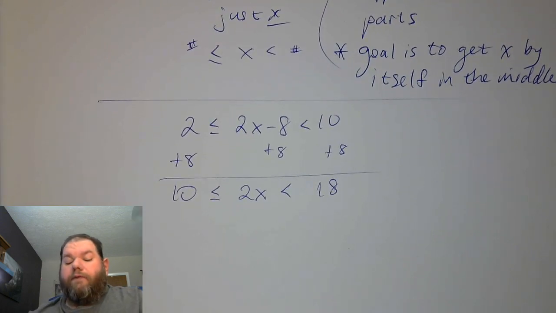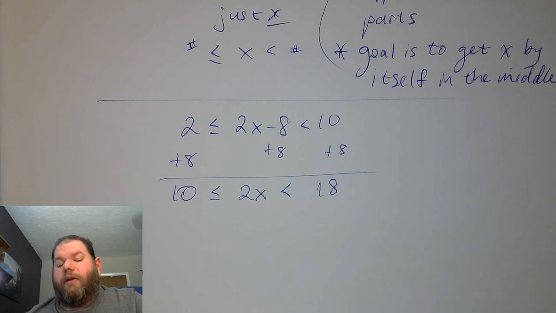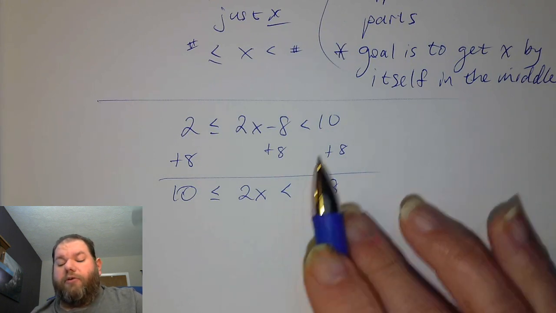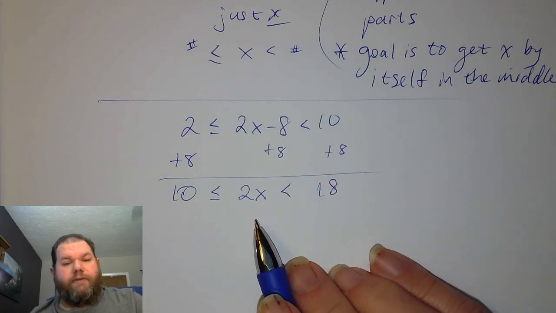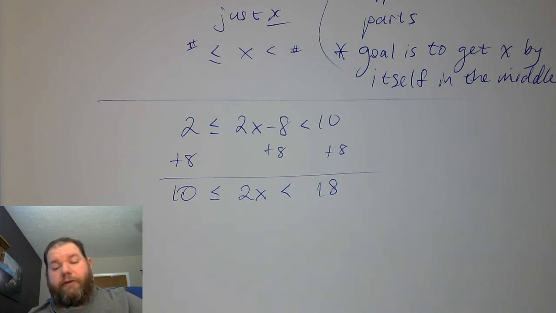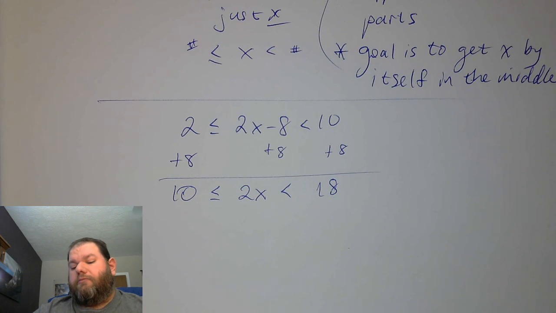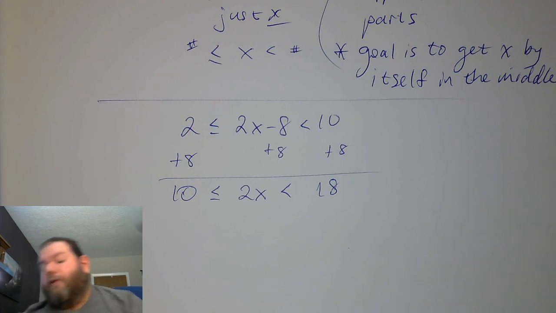So now we have 10 is less than or equal to 2x is less than 18. We already added 8. What else can we do to make this just a plain x in the middle? Subtract 2.